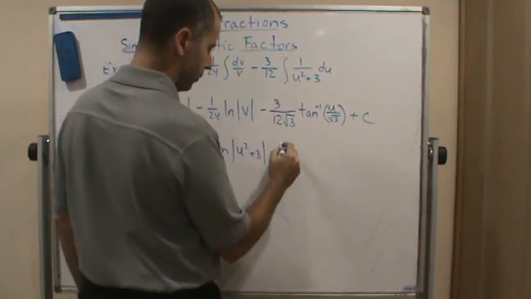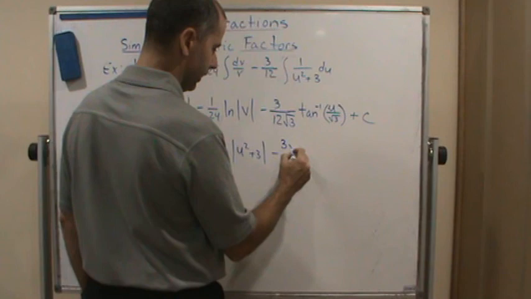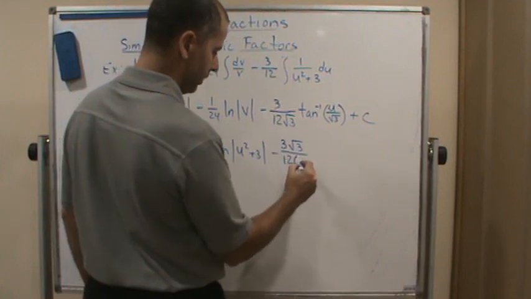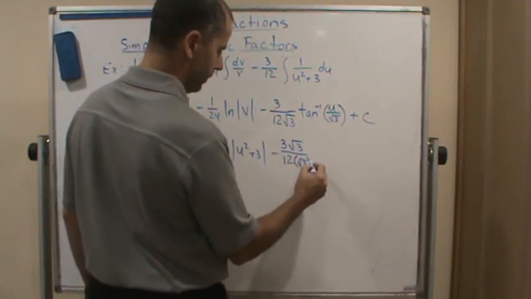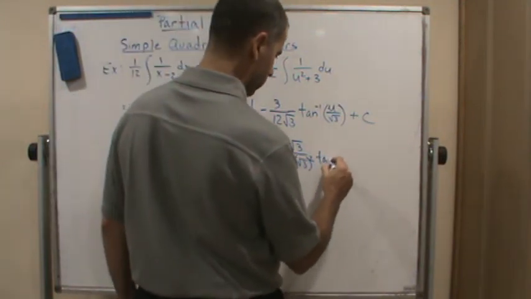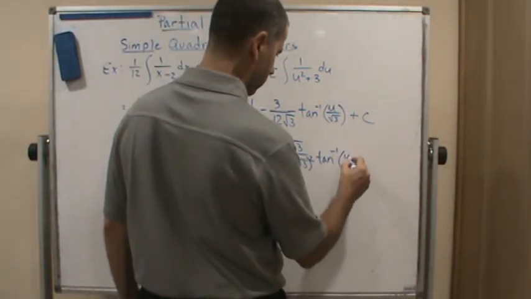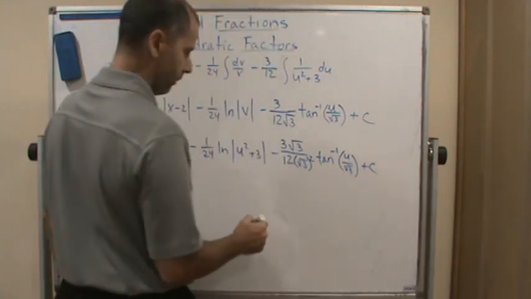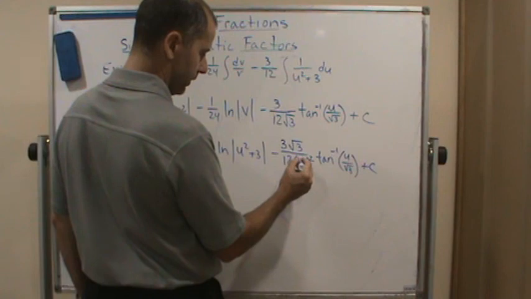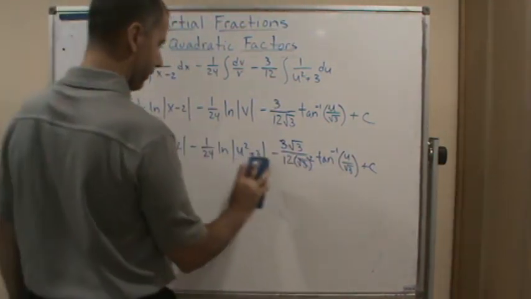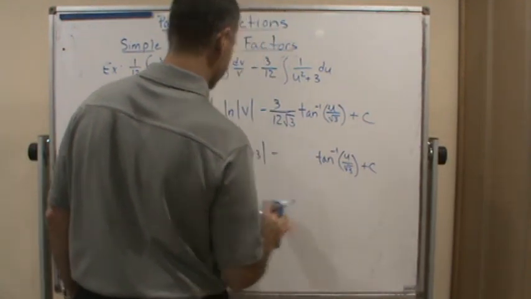So I'm going to end up getting 3 times the square root of 3 over 12, and then the square root of 3 squared, right, is just 3. So this cancels with this, and I end up with the square root of 3 over 12. So I'm just going to write that.